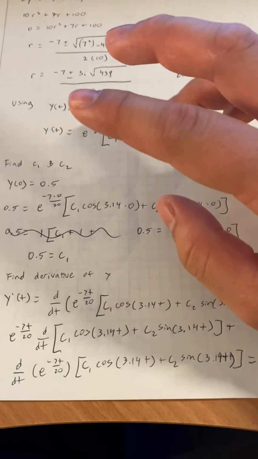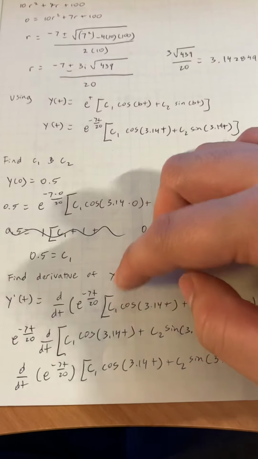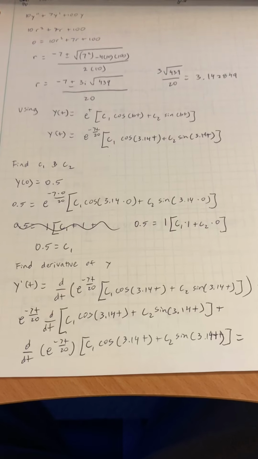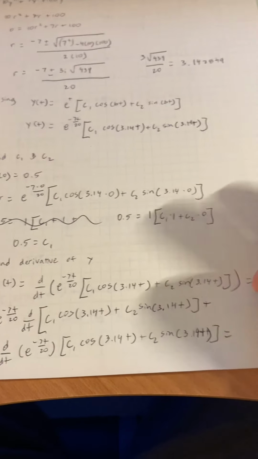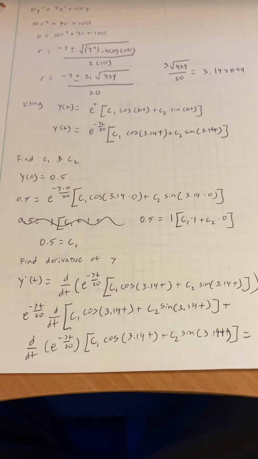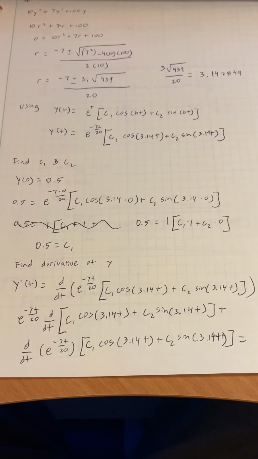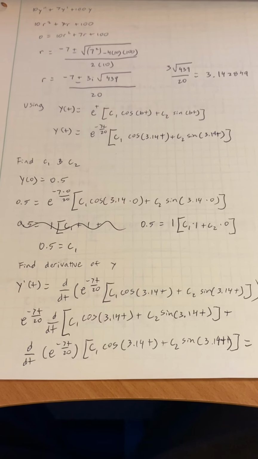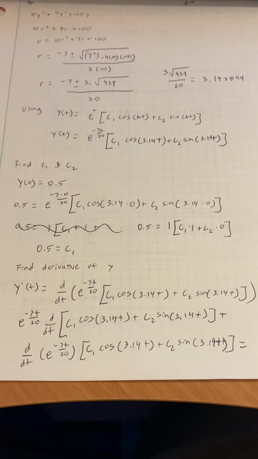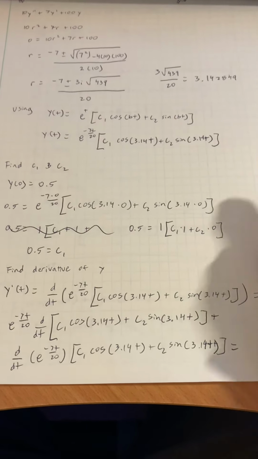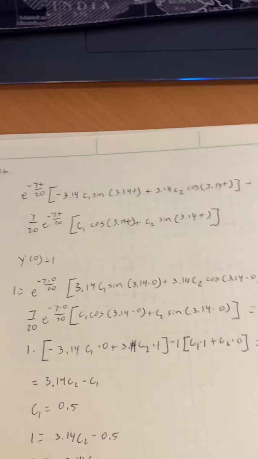So next step, we've got to find C2 using the derivative, but we need to find the derivative of y first. So we set y of t equal to the whole thing and take the derivative, and remember to use the product rule for this part. We have e to the negative 7t over 20 times the derivative of C1 cosine 3.14t plus C2 sine 3.14t, plus the derivative of e to the negative 7t over 20 times C1 cosine 3.14t plus C2 sine 3.14t.